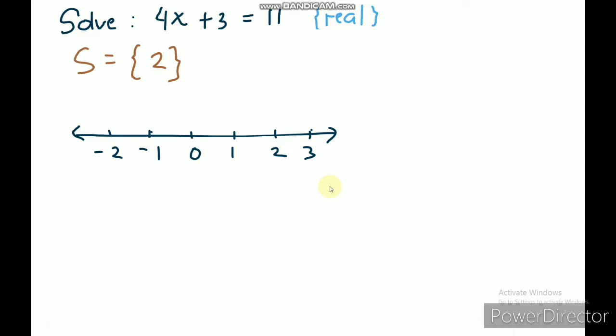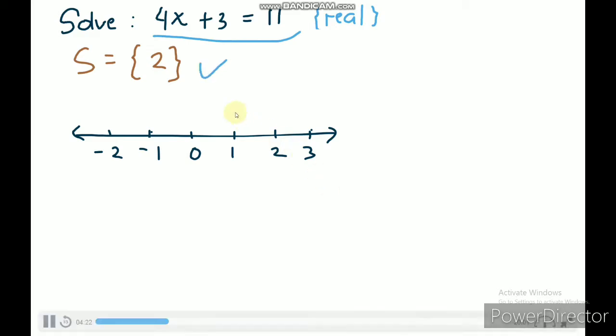If you know that the solution is only 2, I show it on the number line, which belongs to x, because it shows all possible numbers that can replace x or substitute x to satisfy the equation. To show it is 2, I just put a closed circle on the 2 tick mark.